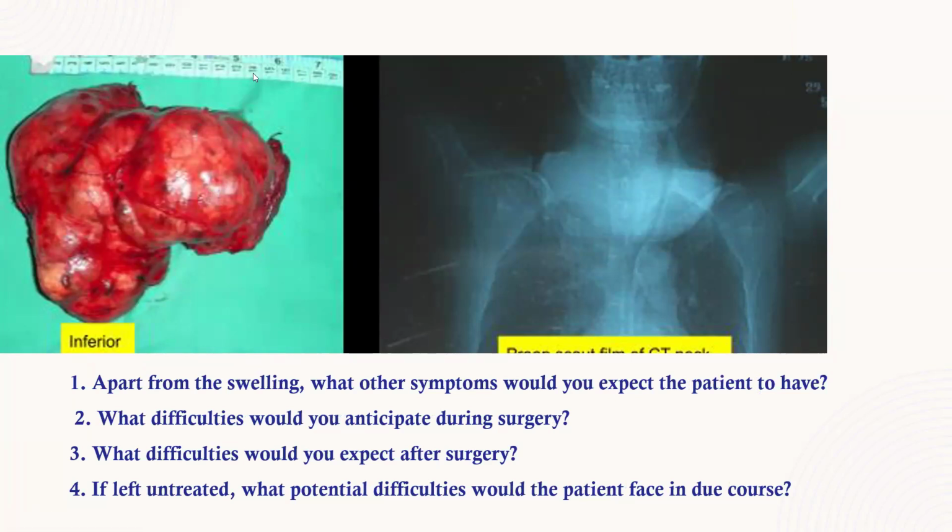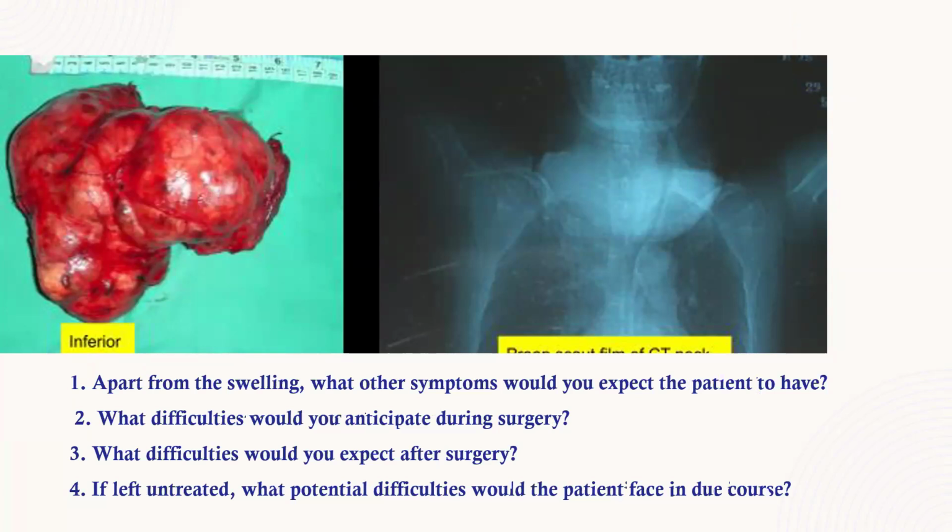Patient will have additional compressive symptoms, sir, like stridor and dysphagia. Because I think they have already said euthyroid. Is that why you are saying these things? Yes, sir. They have asked, other than swelling, what are the symptoms, because it is euthyroid. So because it's euthyroid, you may not need to describe the symptoms of hypo or hyperthyroidism. Okay. So what are the things you would expect?